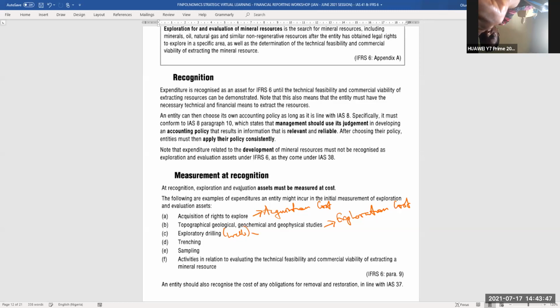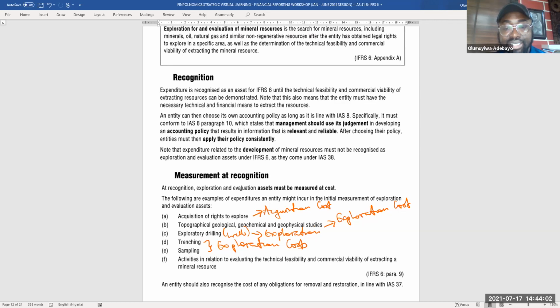Exploration costs. Sampling. Exploration costs. Activity in relation to evaluating the technical feasibility and commercial viability of extracting mineral resources. That should be exploration cost as well. Exploration cost. Thank you very much. That means you are following.